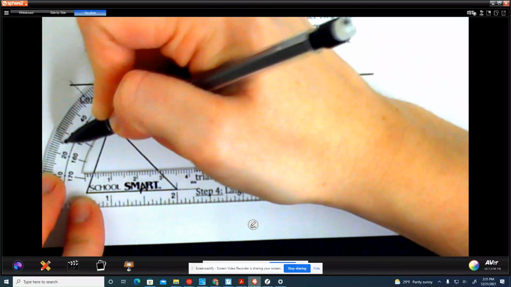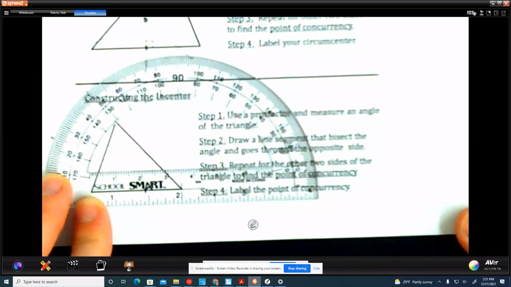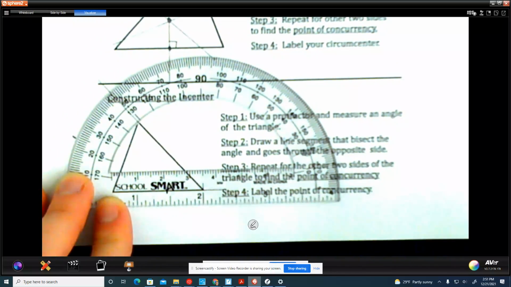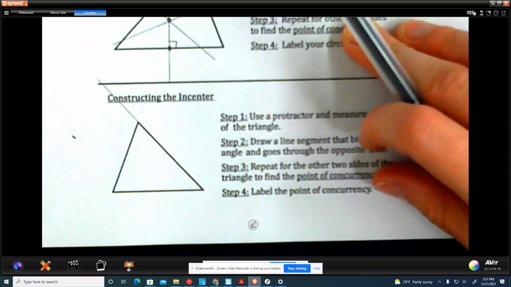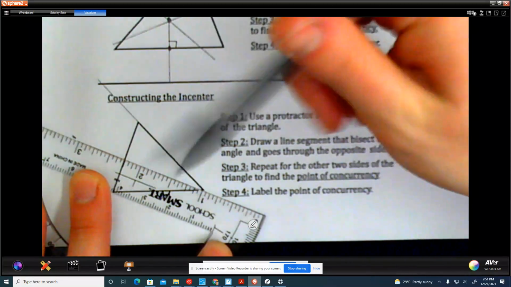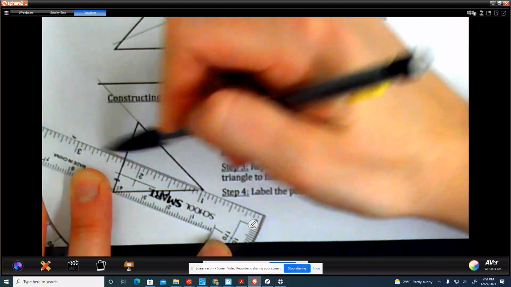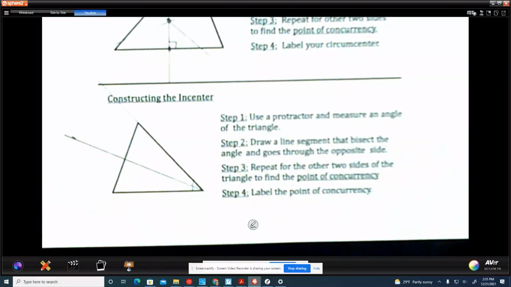Here's 25. So 24, put a little tick mark there, would be about there. Okay, see how I did that? I just found half of that, 24. And then to draw that angle bisector, use a straight edge from the angle to that marking of 24 degrees. And that will split that angle into two 24-degree angles.